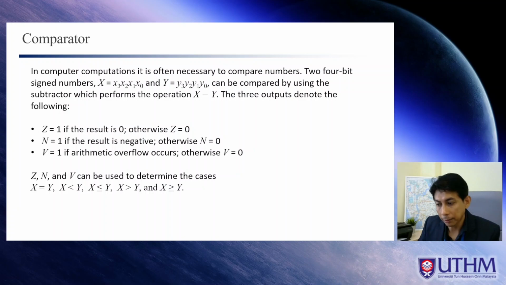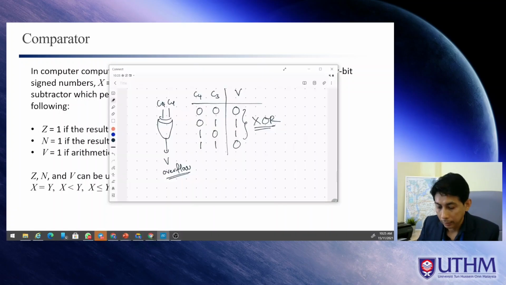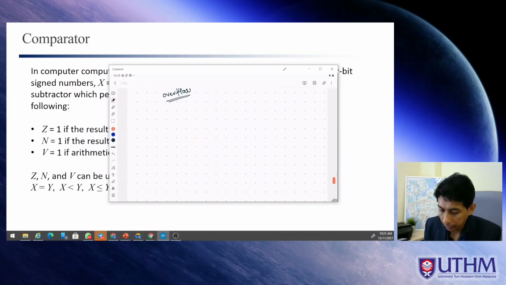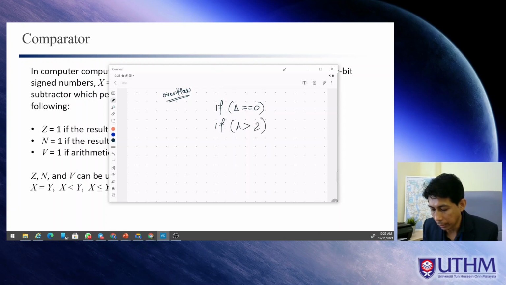For example, in your program, you write if a equal to 0, means that you compare a to 0. Or you can have if a more than 0, if a more than 2, you do this, else you do this. So you compare.